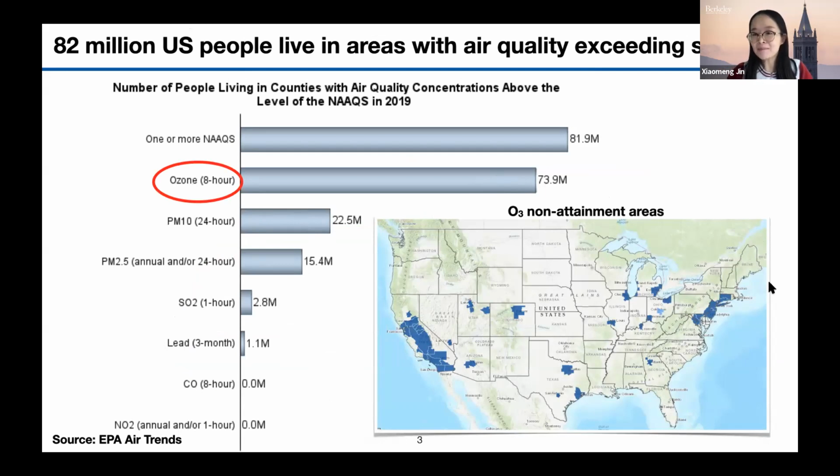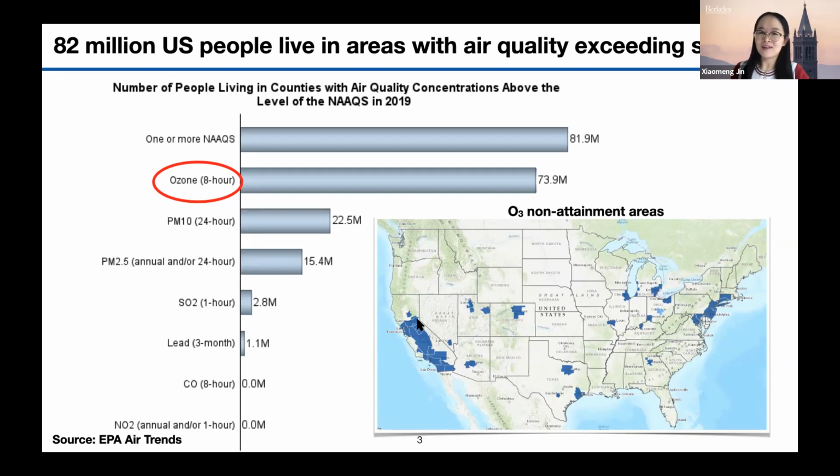And you can see that many metropolitan areas, such as New York, Chicago, Denver, and also many counties in California are all in the ozone non-attainment areas. So this then brings the question about why is it challenging to control ozone pollution in these counties? And this is actually a long-standing question in our field, which has been studied for more than decades.